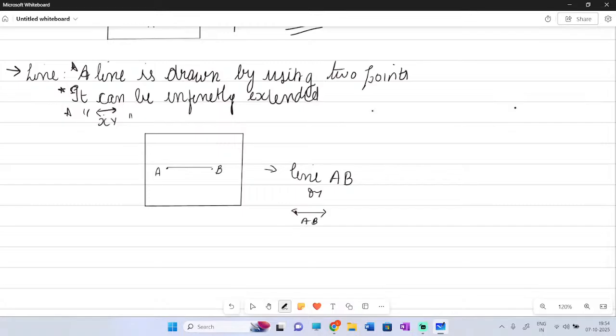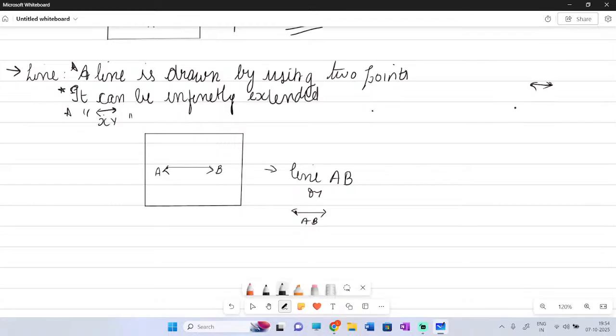What I said, a line can be indefinitely extended to any point, but always using 2 points we draw, then we extend it. That is the case.